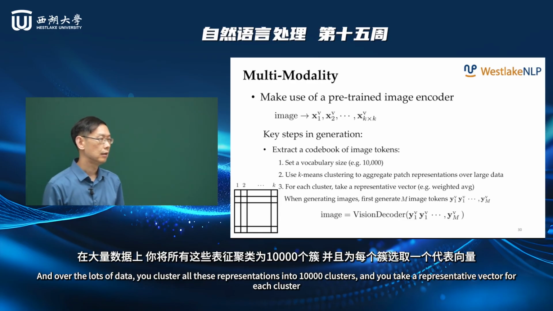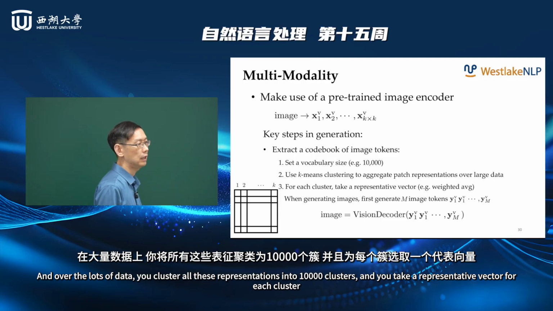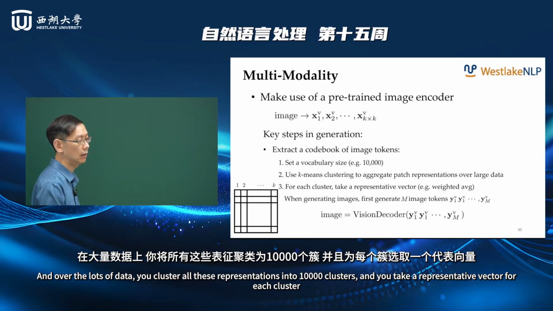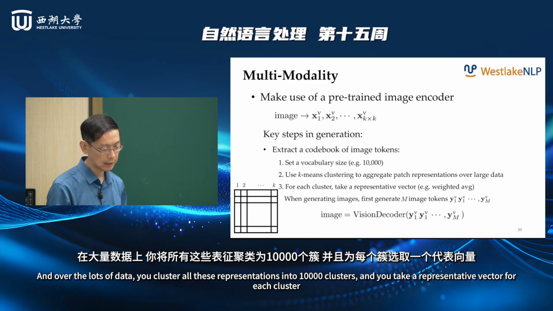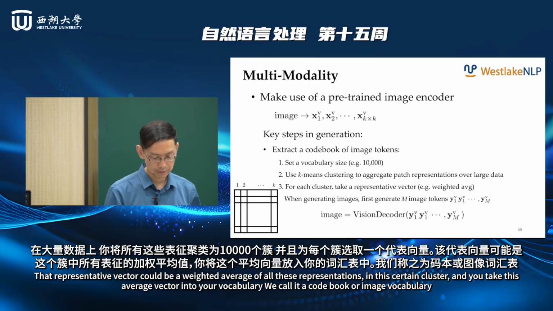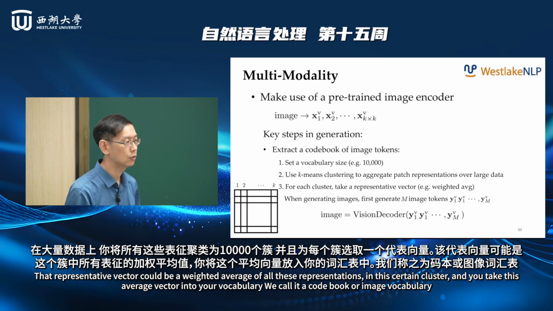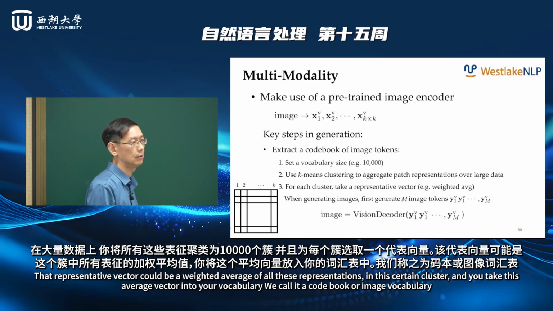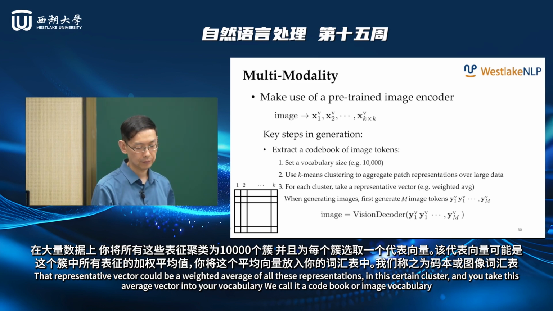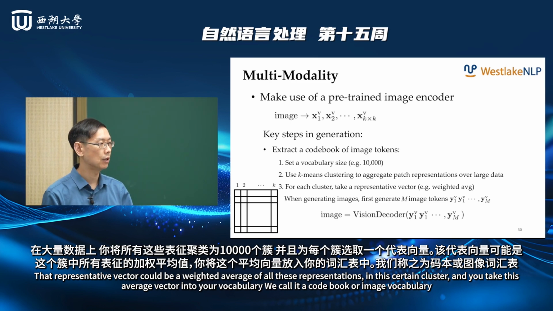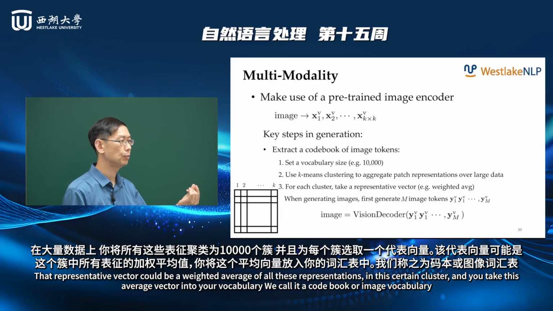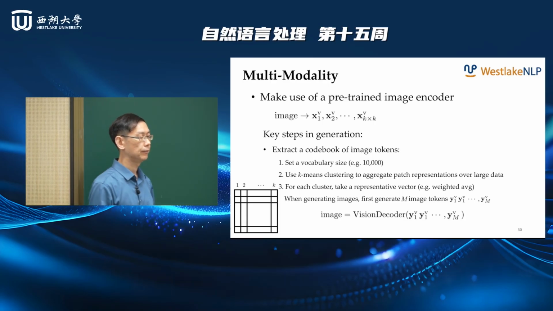Over lots of data, you cluster all these representations into 10,000 clusters, and you take a representative vector for each cluster. That representative vector could be a weighted average of all the representations in this certain cluster. And you take this average vector into your vocabulary. We call it a code book or image vocabulary.